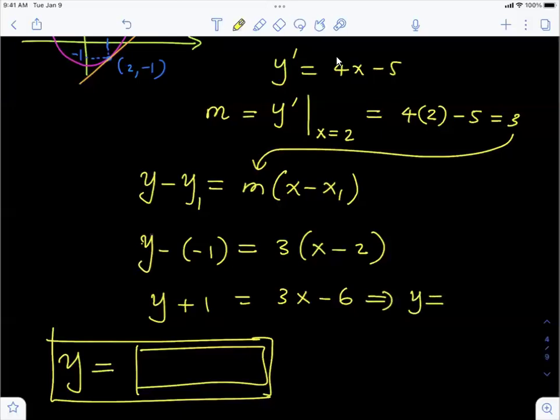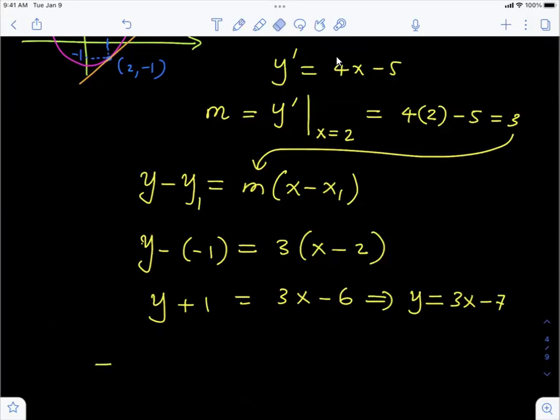So you can say y equals 3x minus 6 minus 1, it's minus 7. So you need to input 3x minus 7. Or if it is just giving you a complete blank and saying, what's the answer? Then feel free to write or input it in that form.